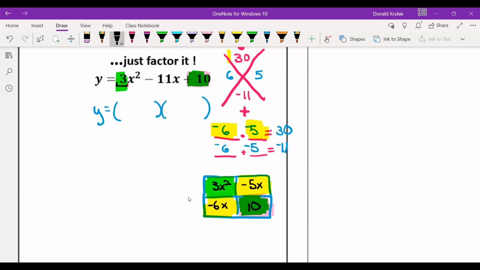Okay, so the greatest common factor between 3x squared and -5x is just x. So I'm going to write an x out there. Okay, greatest common factor between -6x and 10 is 2. Since the first term's negative, I'm going to factor out a negative. Now I know my first term up here.